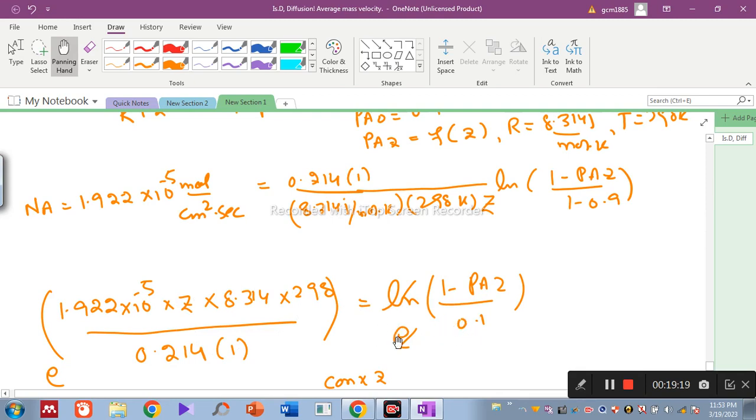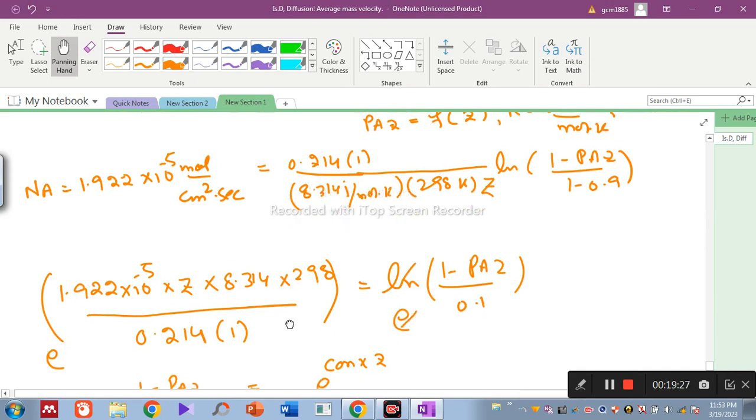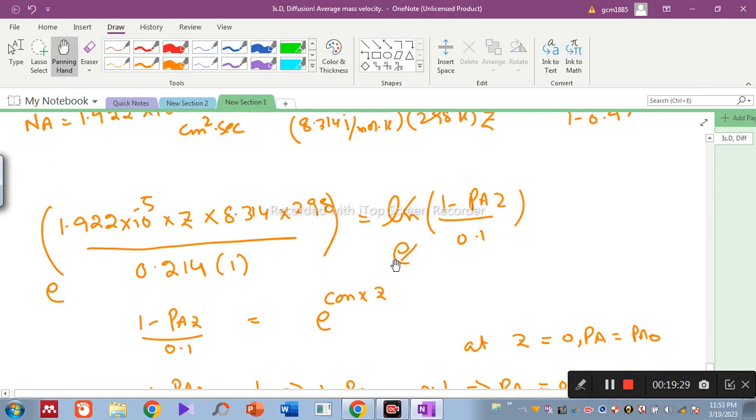Now take e on both sides, so this cancels with this one, and this is e to the power of this term. So this is (P minus P_AZ) divided by 0.1, and this e to the power, this constant multiplied by this divided by this, is some constant. We will obtain some constant value, and Z is the variable.